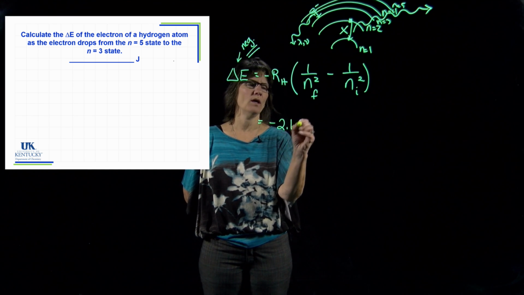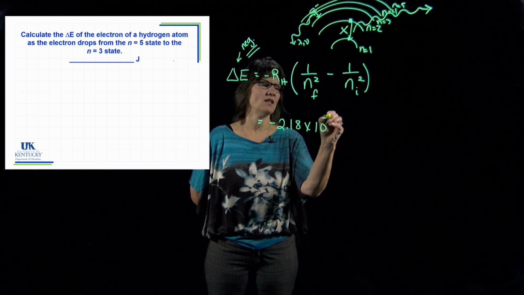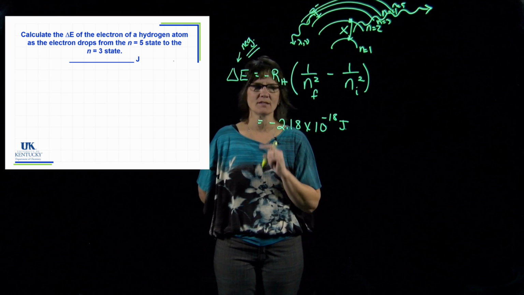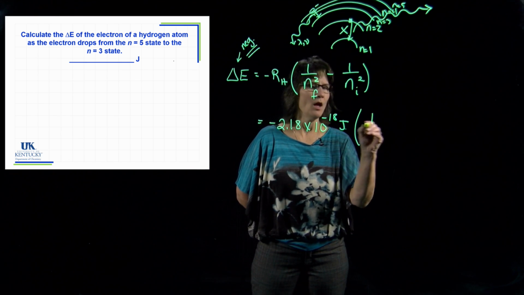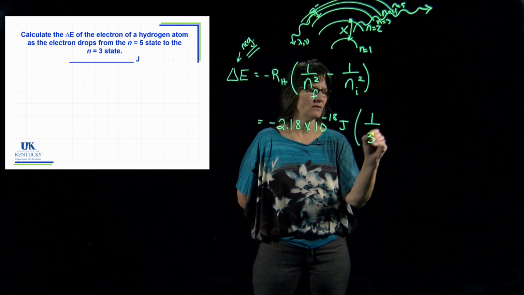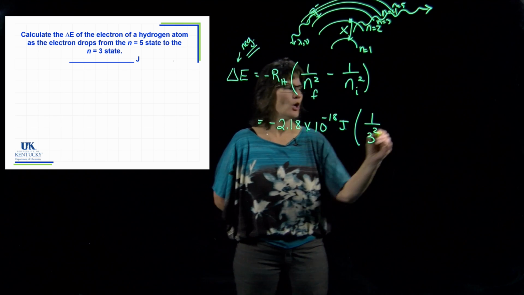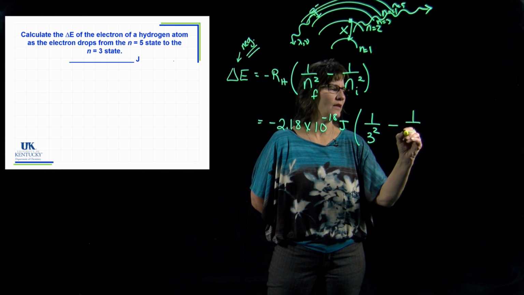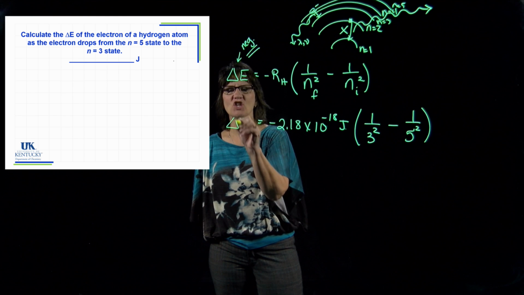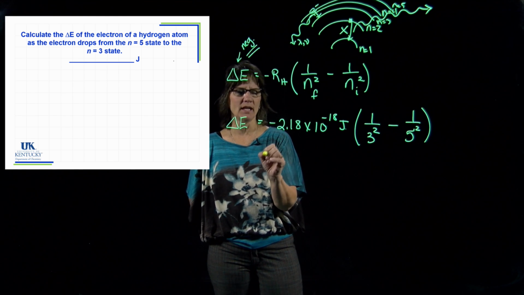Okay, so we put our values in. Negative 2.18 times 10 to the negative 18 joules. That's the Rydberg constant's value. Where did it end up? It ended up in the n equals 3 state, so we'll square that. Where did it start? It started in the n equals 5 state, so we'll square that. This will give me the change in energy of the electron.